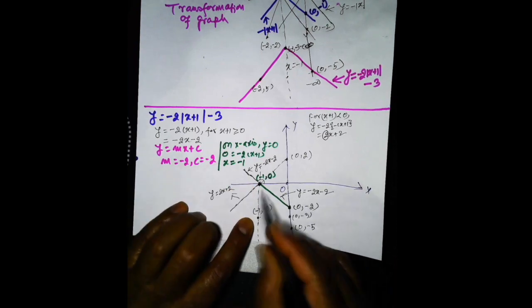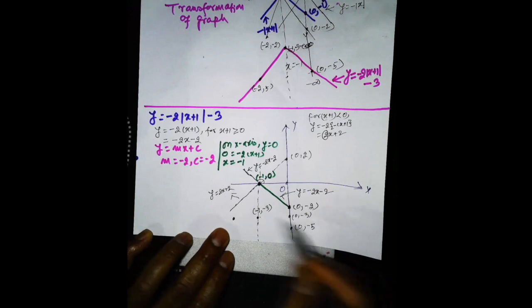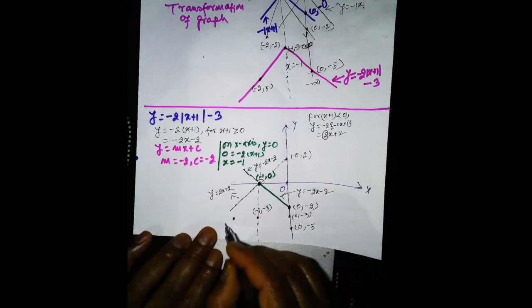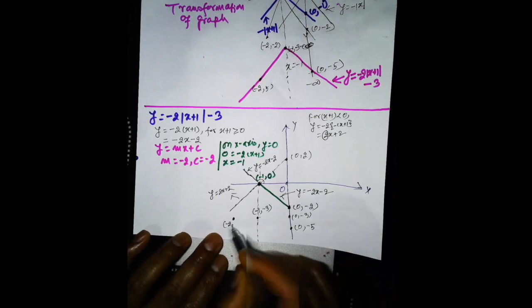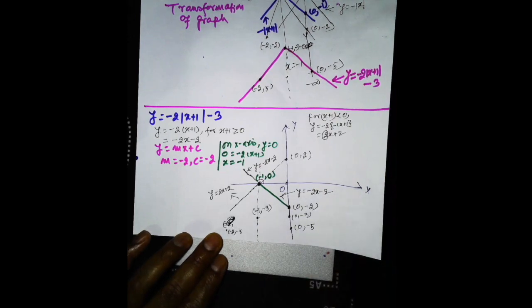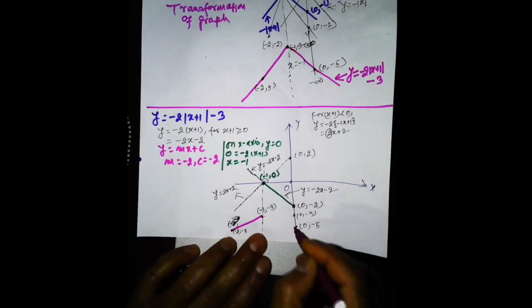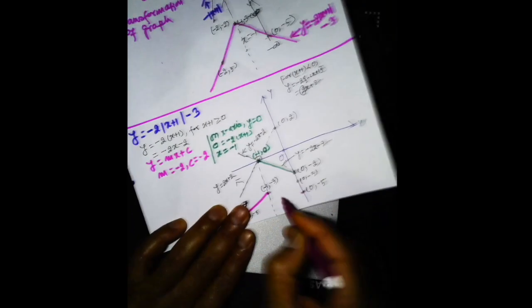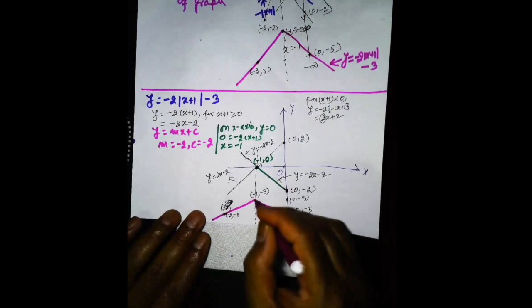So by reflection about this line, the other side will also be -1, so another -1 will make it -2. So you have this point as (-2, -5). If you join all these points along with the vertex this way, it will give you the final graph.